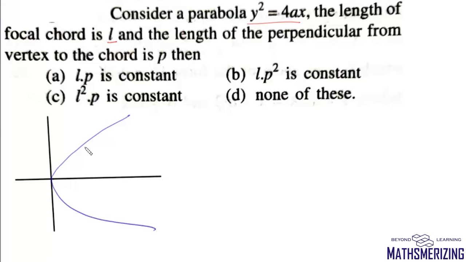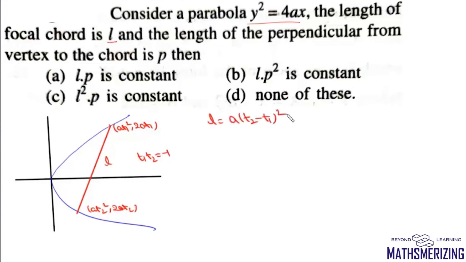And then we have this focal chord whose length is L, and suppose these endpoints are at1 square, 2at1 and at2 square, 2at2, and we also know that t1 into t2 is minus 1, and the length of a focal chord is a into t2 minus t1 whole square. So this is all given to us.